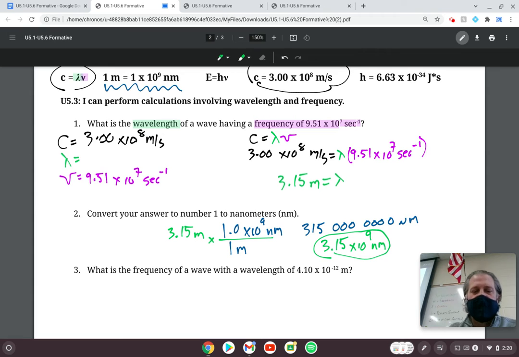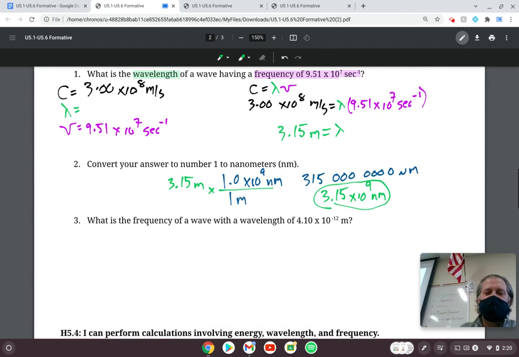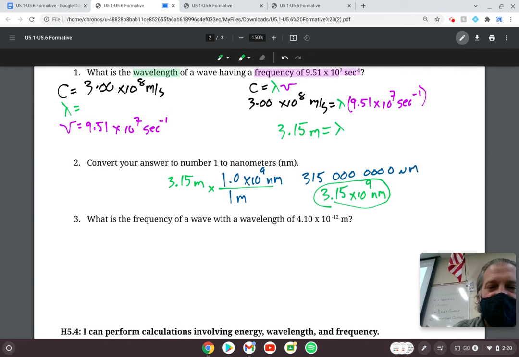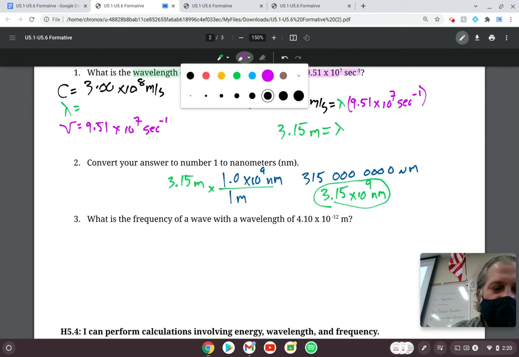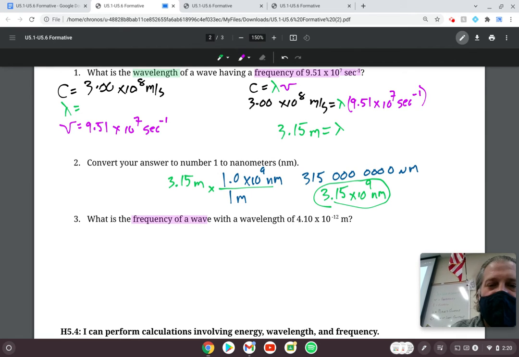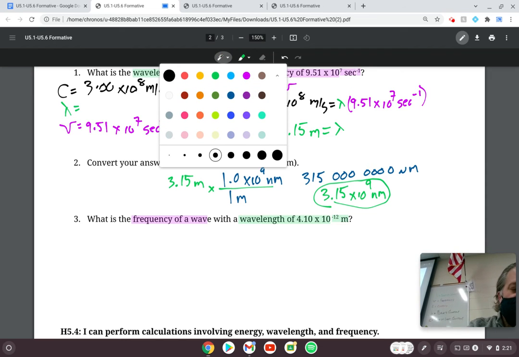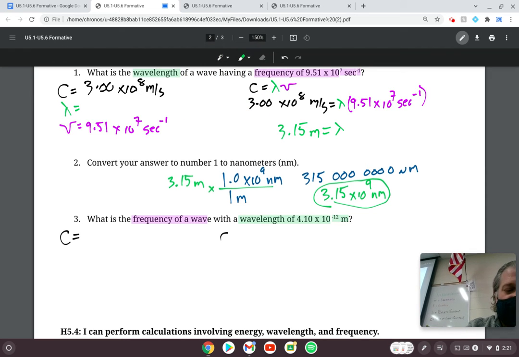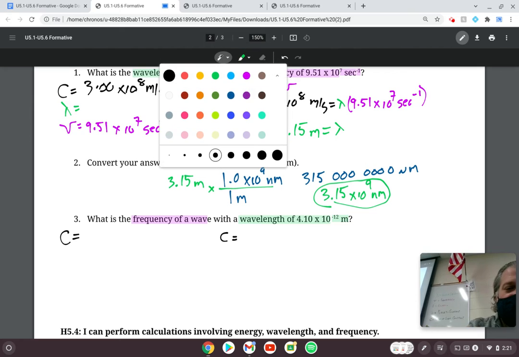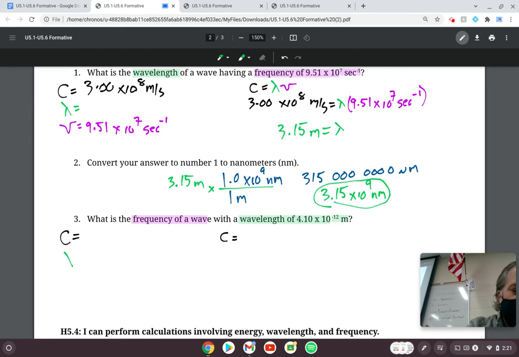All right. The next one asks you to identify the frequency of a wave when you know the wavelength is 4.10 times 10 to the negative 12 nanometers. So we're still going to use this formula, the speed of light formula, where C is equal to wavelength times frequency.